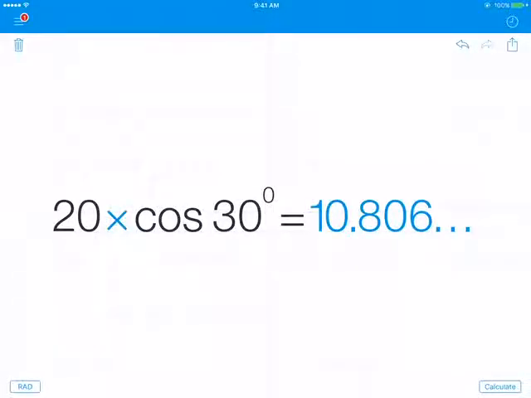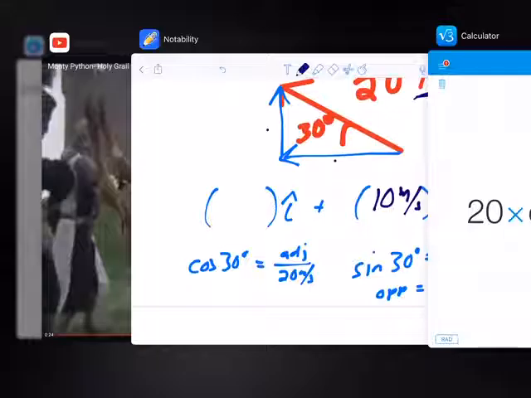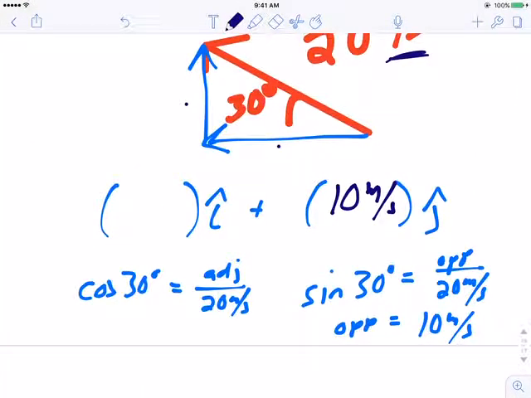Degrees. There we go. 10.8. Do I like that? I don't know if I trust it. Sorry, it's late at night, and I want to know if this works or not.